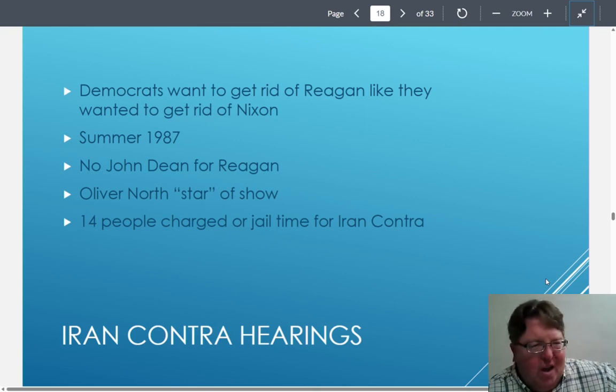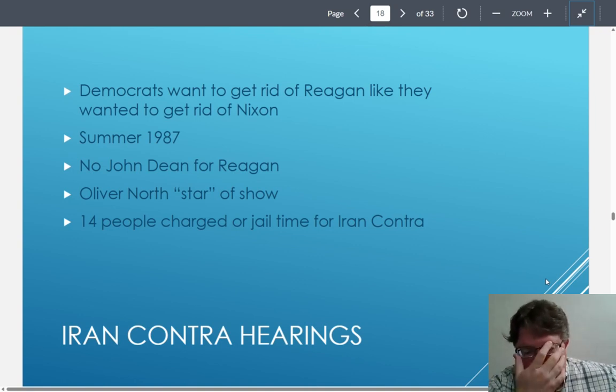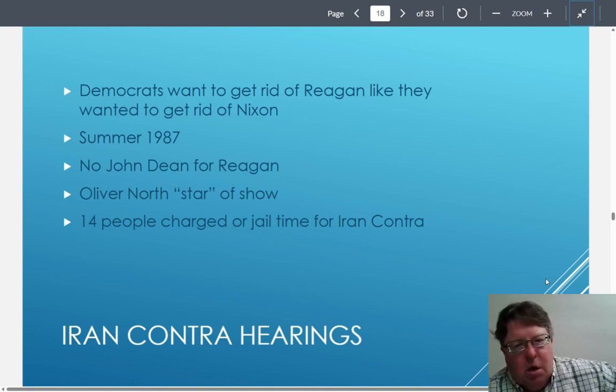He wouldn't say who approved it. He wouldn't, just, I'm a patriot. I did what I was ordered to do. I saved America. I fought the communists. I was trying to save hostages. His testimony was very patriotic rhetoric. And so that's the other issue: Reagan didn't have a John Dean. No witness said Reagan did anything.